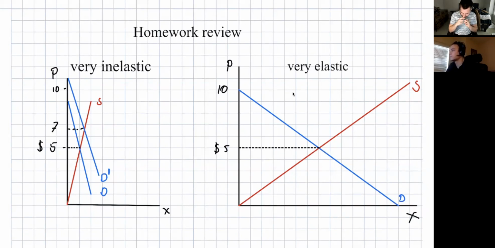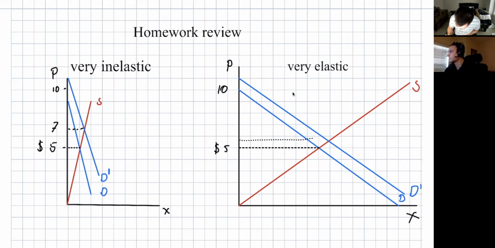And now if we do the same shift with a very inelastic demand curve, where the demand shifts to the right, and this should be basically the same change when you compare this length with this length, the price would barely change. As you can see, I really took the extremes of this shift just for demonstration.